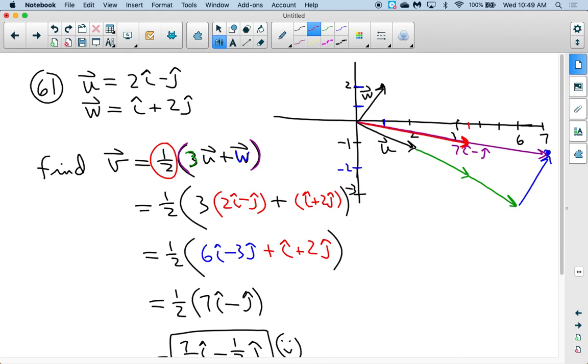That would be 7 halves I, and you're also halving the vertical distance: it was -1 for the blue point, now it's minus half J. That's what the final red vector should represent. I know it's probably not drawn real well.